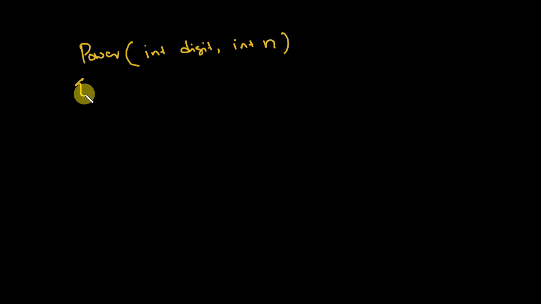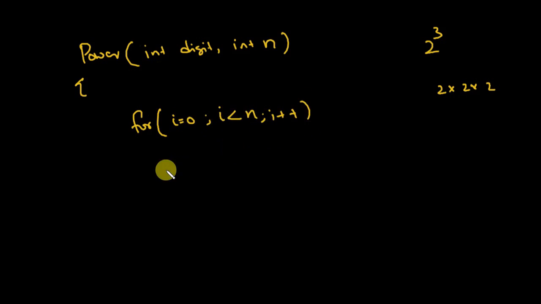So how to do this logic? For example, 2 power 3: I have to multiply 2 into 2 into 2, which means I have to loop 3 times and multiply 2 by itself. So I can write for i equal to 0, i less than n, which loops up to 3 times, i plus plus. So n is used for looping.